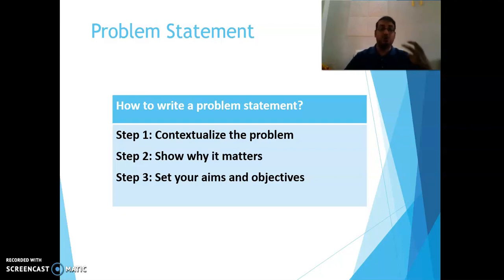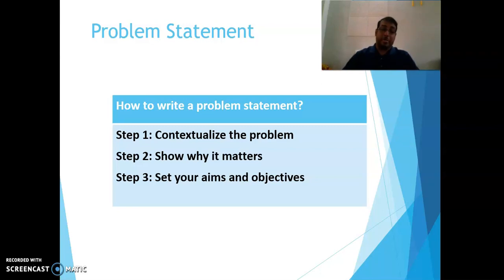We have two types of research problem. Number 1 is practical research problems. Number 2 is theoretical research problems. However, we'll talk about theoretical research problems here. For theoretical research, we have to think about the scientific, social, geographical, or historical background of the study.